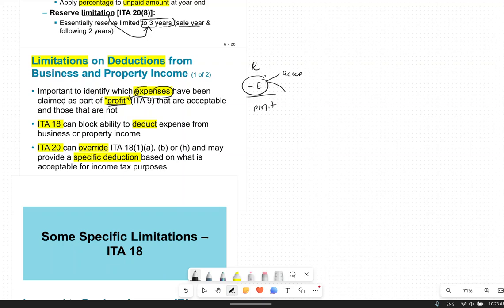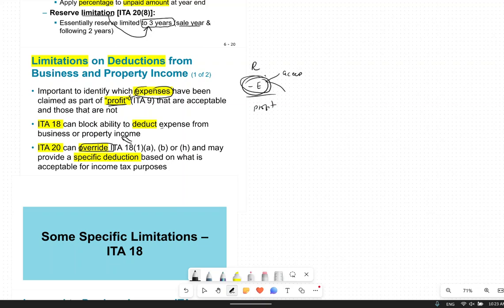So under section 18 we can be blocked from deducting expenses from the business or property. Some of the expenses we are not allowed to deduct. However, we can override 18. Where we were blocked here, we may be allowed a deduction under a different section, the Income Tax Act 20, which may provide specific deductions based on what is acceptable.